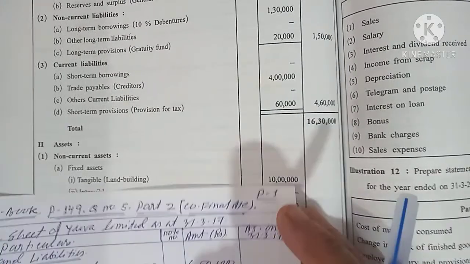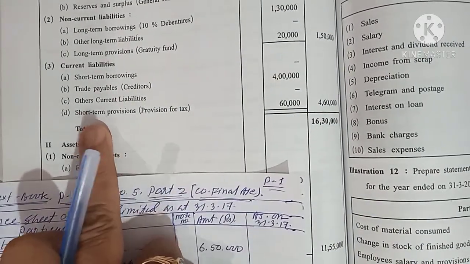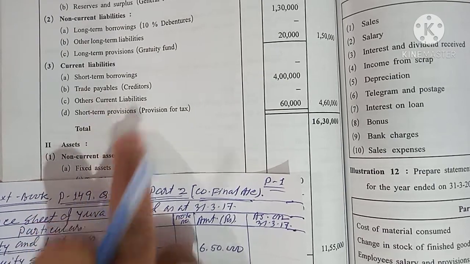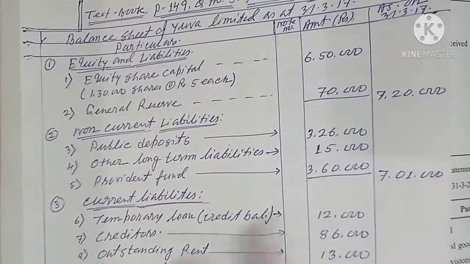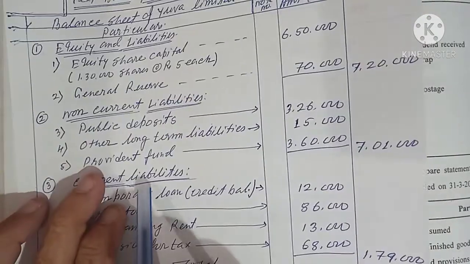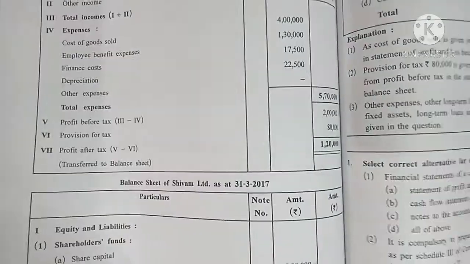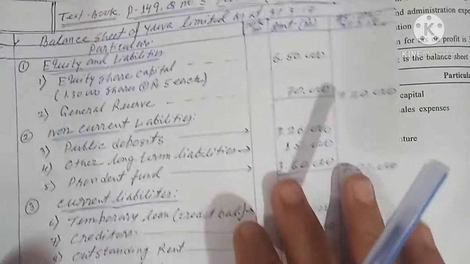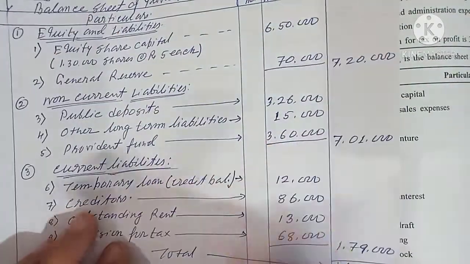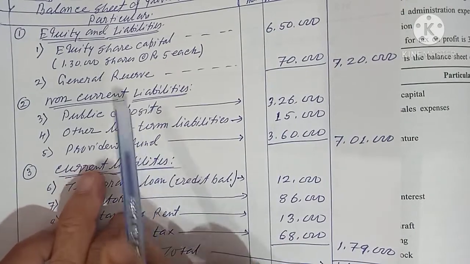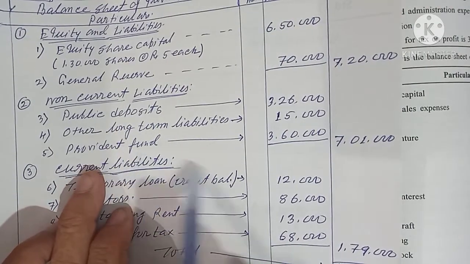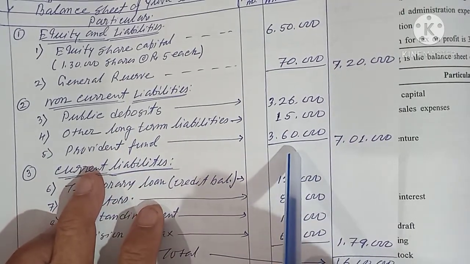Here you see the other current liabilities, their provident fund is coming. The question is given on page number 149. Provident fund is 3,60,000. So provident fund comes under non-current liabilities, fifth item, provident fund 3,60,000.